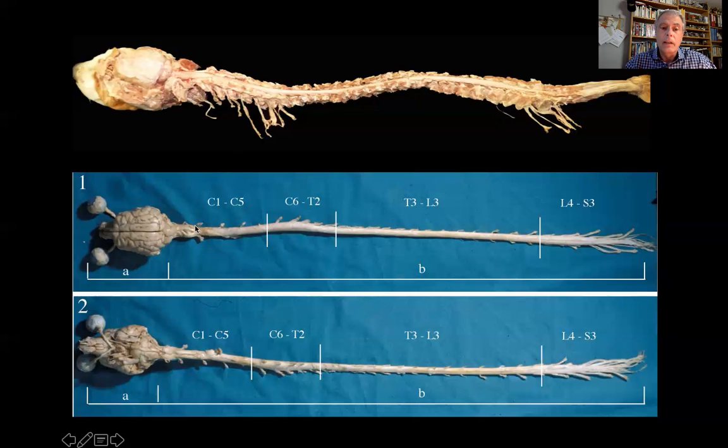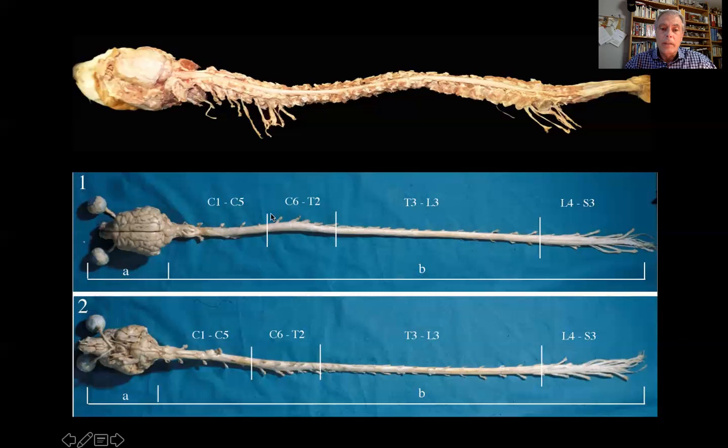This means that the spinal nerves are going to leave at the cervical level rostral to the vertebra of the same number. Then at the thoracic, lumbar, sacral, and caudal levels, the spinal nerves are going to leave caudal to the vertebra of the same number.